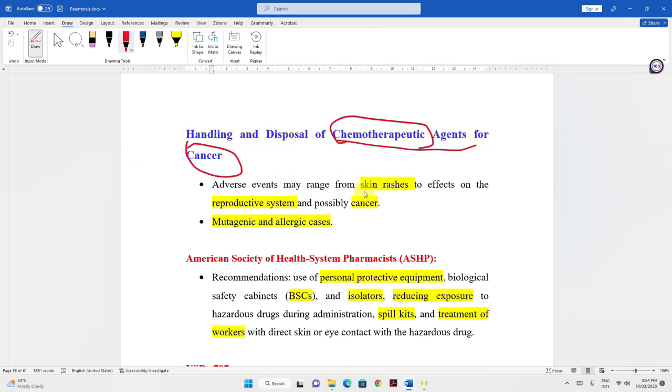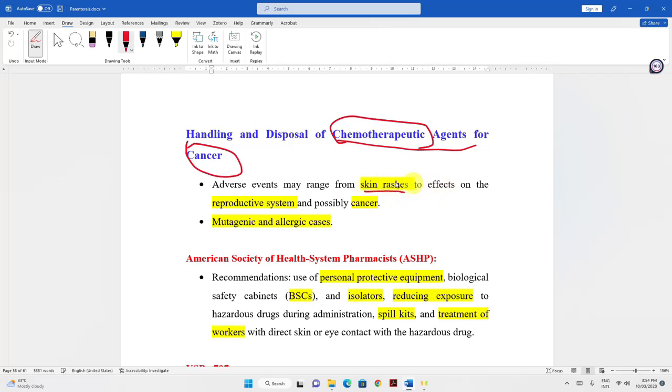One of the adverse effects of these chemotherapeutic agents on anyone working with them is skin rashes, and this is the lowest risk.